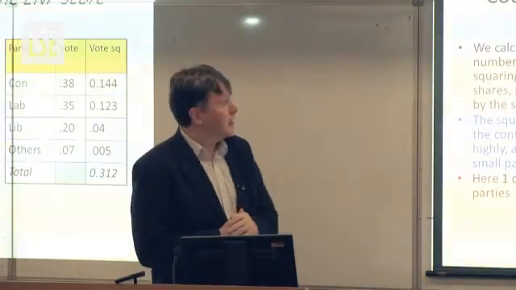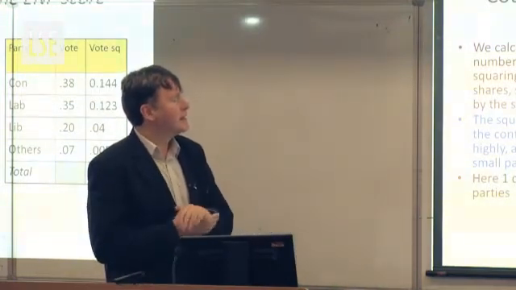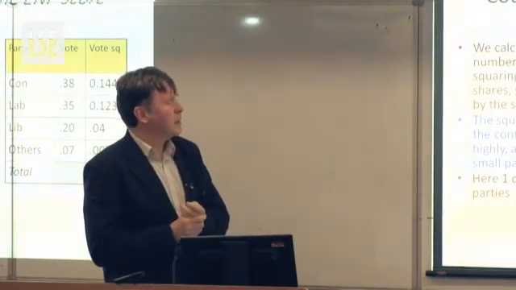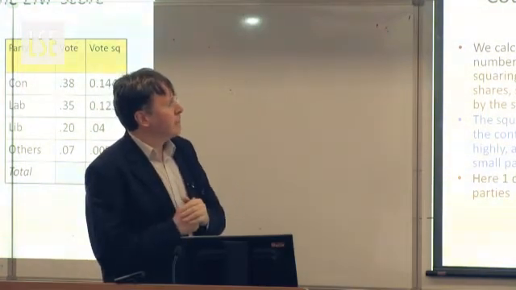There are various things wrong with it, but it's the one that everybody uses and the one that we're familiar with. And it looks complicated, but it's actually very simple. So I'll again explain it in the confident knowledge that you'll go away and practice with this, so you'll become red hot with the effective number of parties.